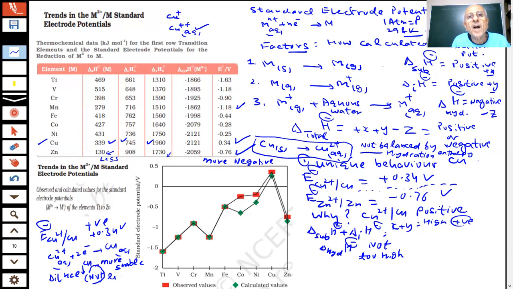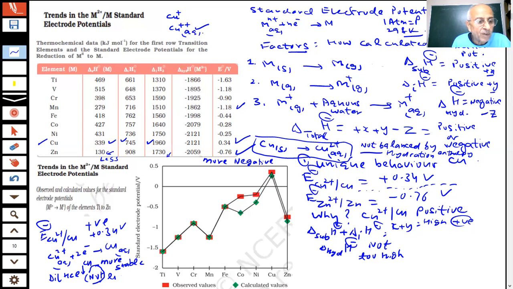Because the hydration enthalpy of copper 2 plus is more than copper plus 1. Hydration and overall energy changes will be favorable for the formation of copper 2 plus ions when it goes into a solution. That is the reason copper plus 1 will change into the copper 2 plus state.